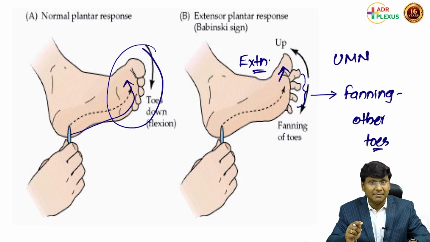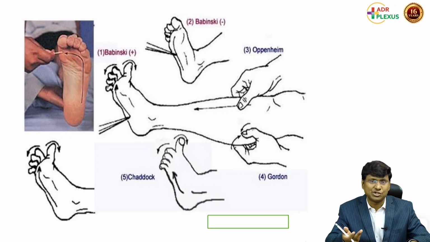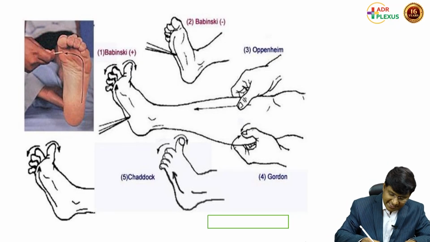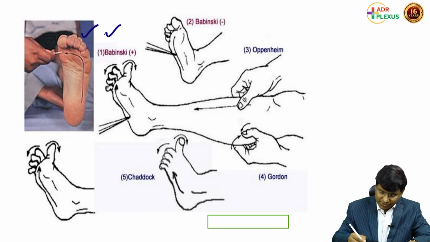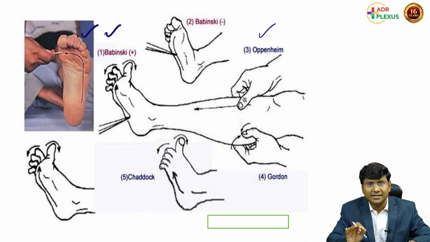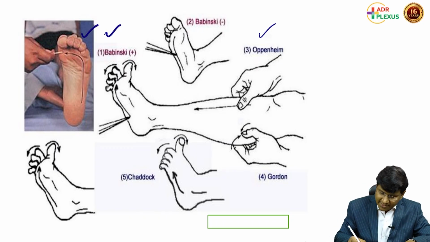Now, this elicitation of the plantar reflex is not only by giving the blunt stimulus over the plantar aspect of the foot. There are various ways by which the plantar reflex can be elicited. So this is the routine way. The other one is the Oppenheim method. What is this Oppenheim method?